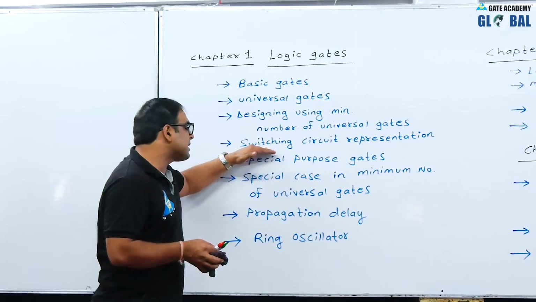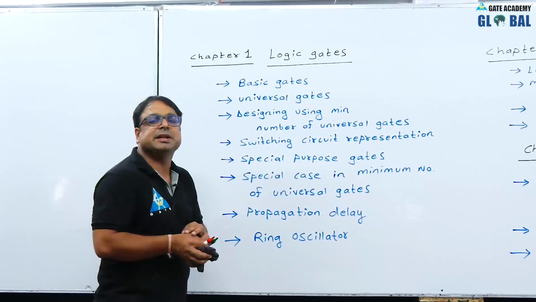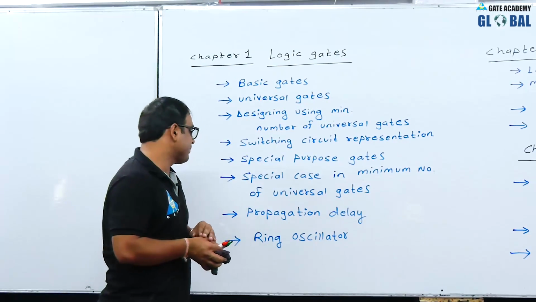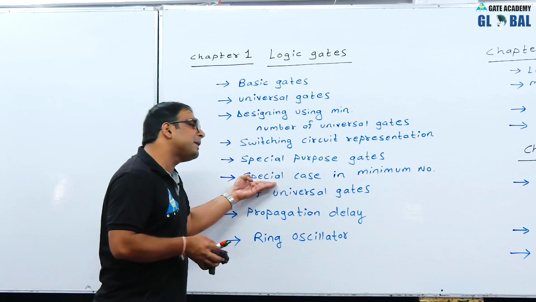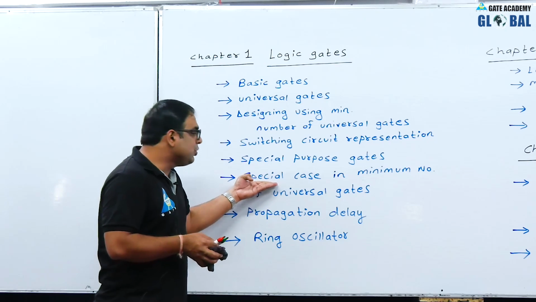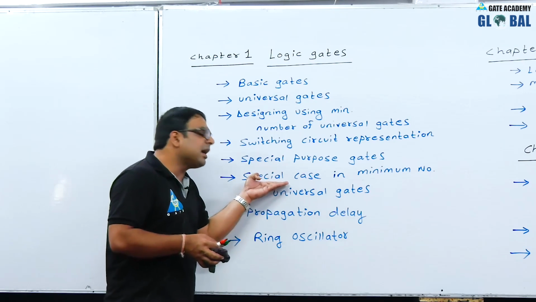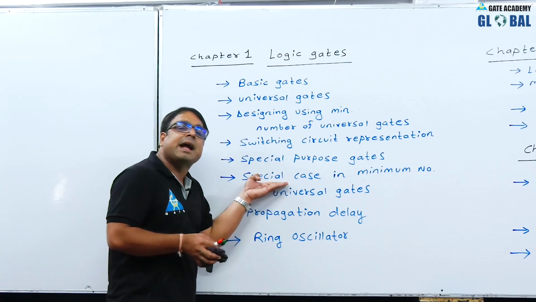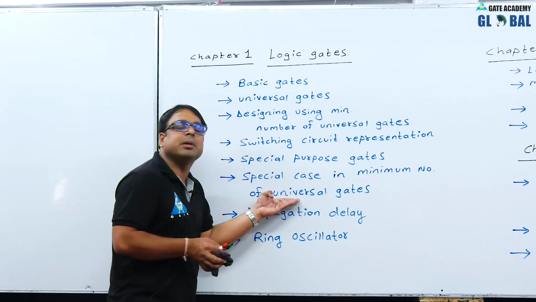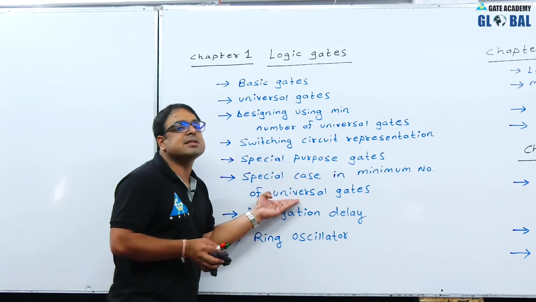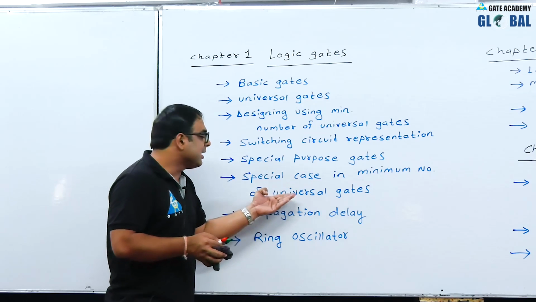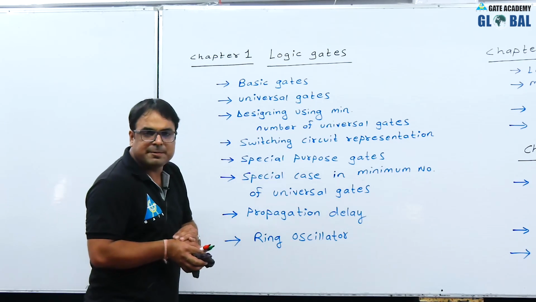We will also be discussing the switching circuit representation of all the gates. Then there comes a special case in designing using the minimum number of universal gates, that is, we have to design XOR gate and XNOR gate using the minimum number of universal gates. That special case I will be discussing.